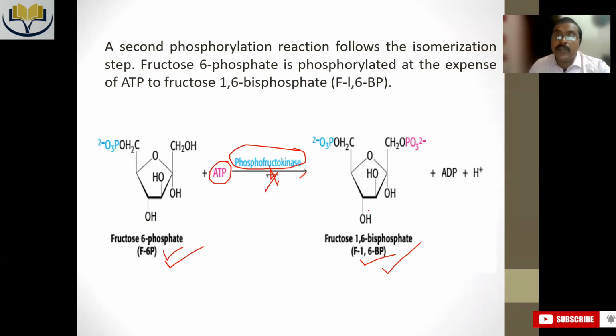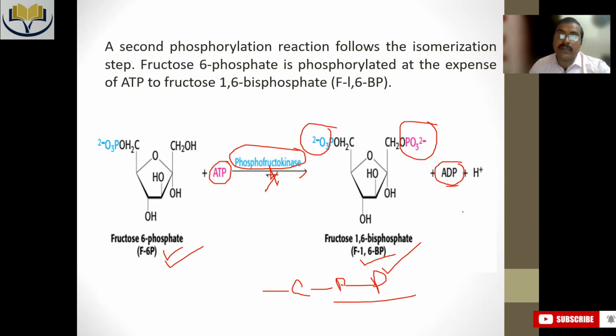Here bis means two phosphates are associated with two different carbons. If they are attached together, it is known as diphosphate, like ADP. ADP is adenosine diphosphate, where two phosphates are attached to each other. But bisphosphate means two phosphates are attached separately to separate carbon atoms.